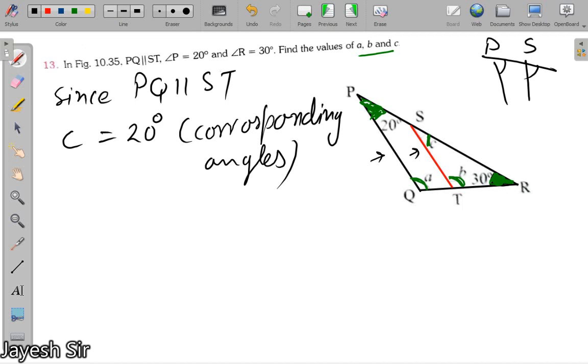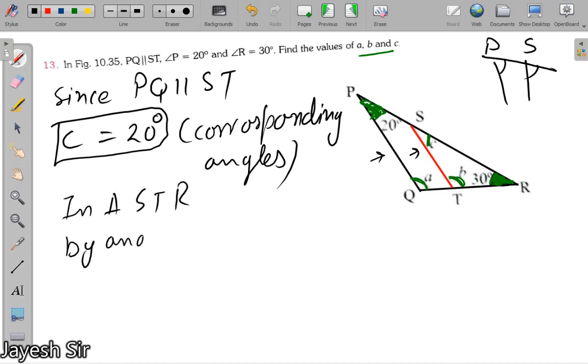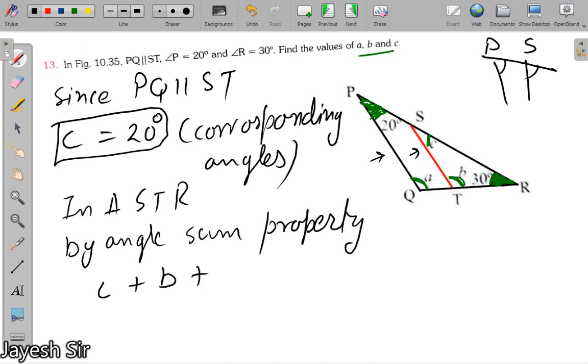So at first stroke we have found out the value of an angle. Now see, in the same manner A and B are also equal. If we find out the value of either A or B, we can say the other one is the same as well. Now in triangle STR, again by angle sum property, angle C plus angle B plus angle R, that is 30 degree, all will be equal to 180 degree.